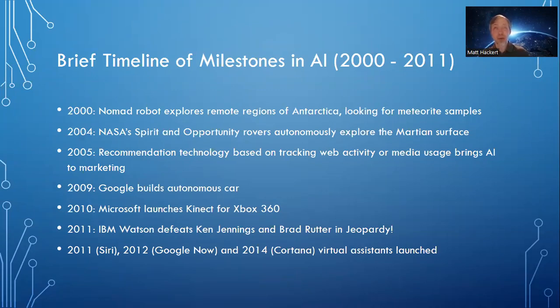In 2004, NASA's robotic exploration rovers Spirit and Opportunity autonomously navigate the surface of Mars. 2005, recommendation technology based on tracking web activity or media usage brings AI to marketing. In 2009, Google builds an autonomous car.